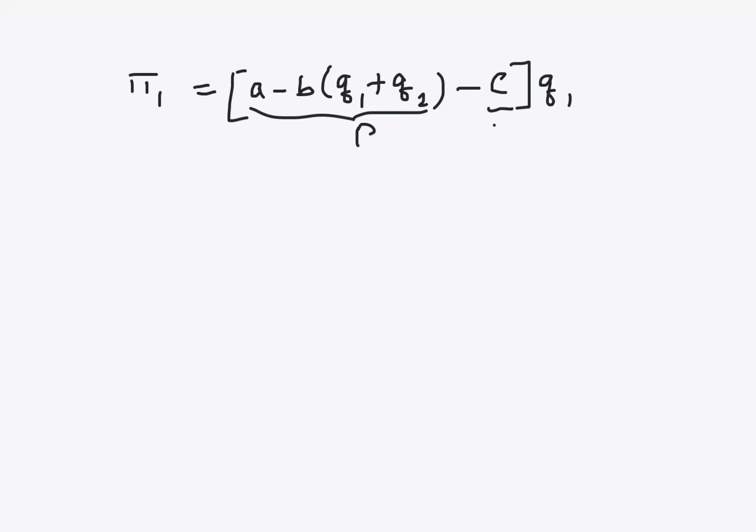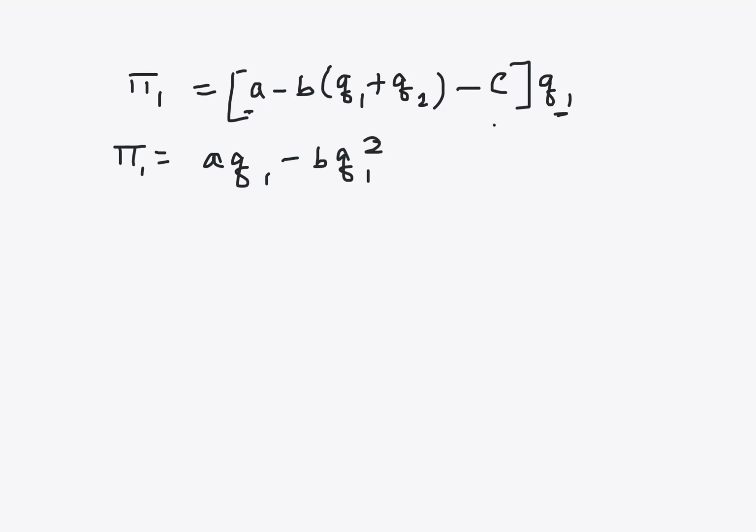So then we can further expand it. So profit of firm 1 is equal to A times Q1, so A Q1, minus B times Q1 times Q1, which is B times Q1 squared.